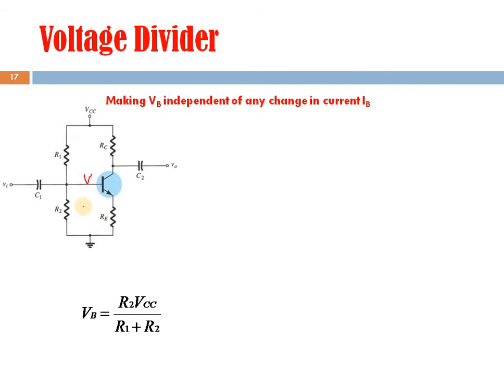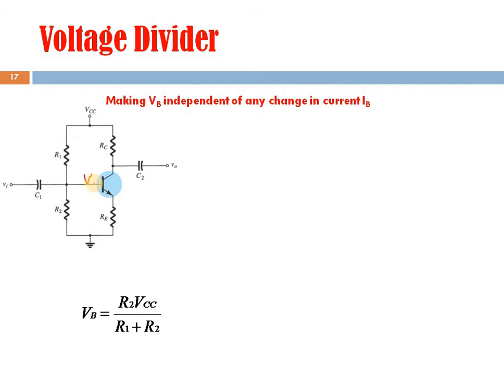So this resistance is coming in parallel with this R2. So the net resistance is the parallel combination of these two, and the effect of this resistance cannot be neglected. The presence of this resistance will try to reduce the net resistance here, and so this VB may change.